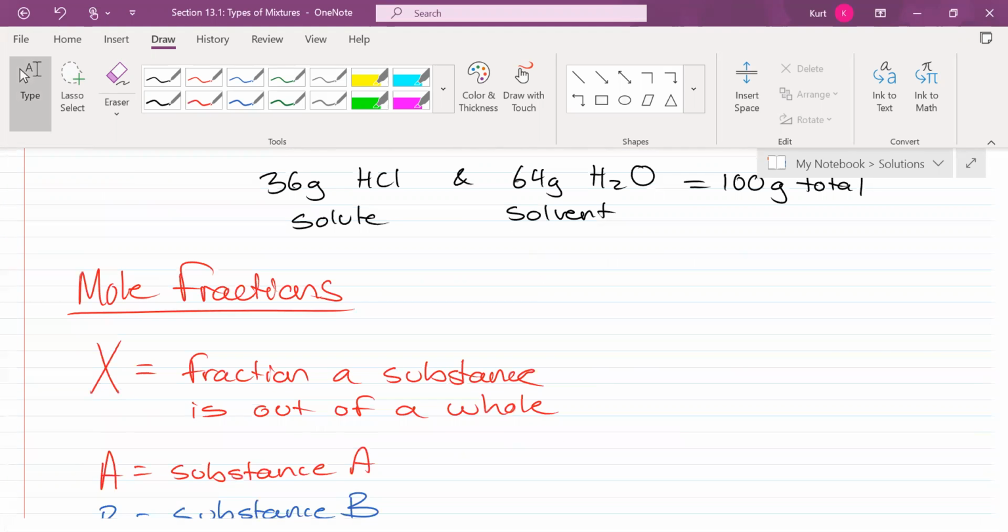So let's do an actual problem when it comes to mole fractions to make this as easy to understand as possible, okay?